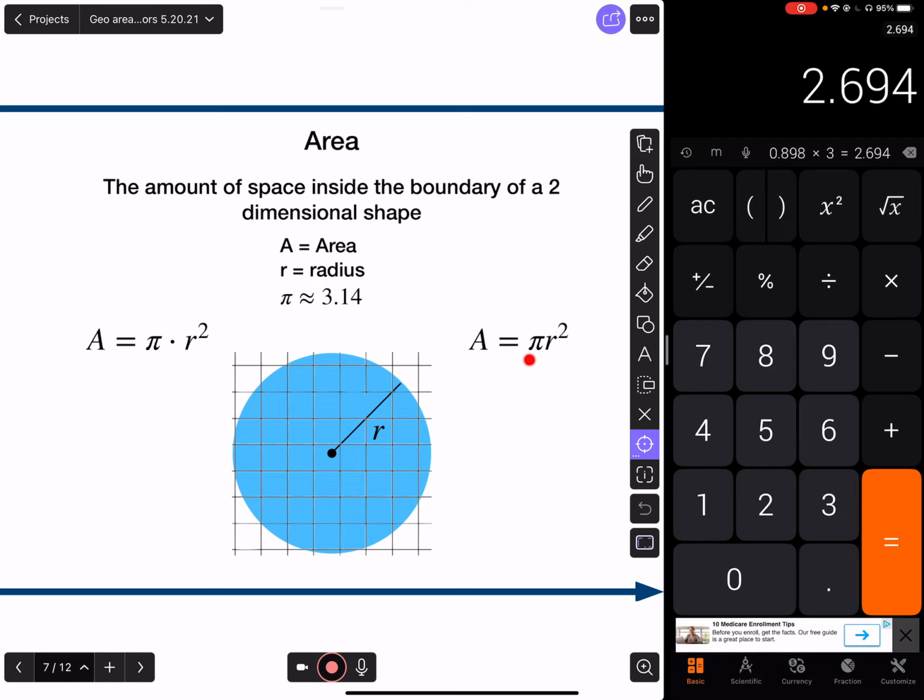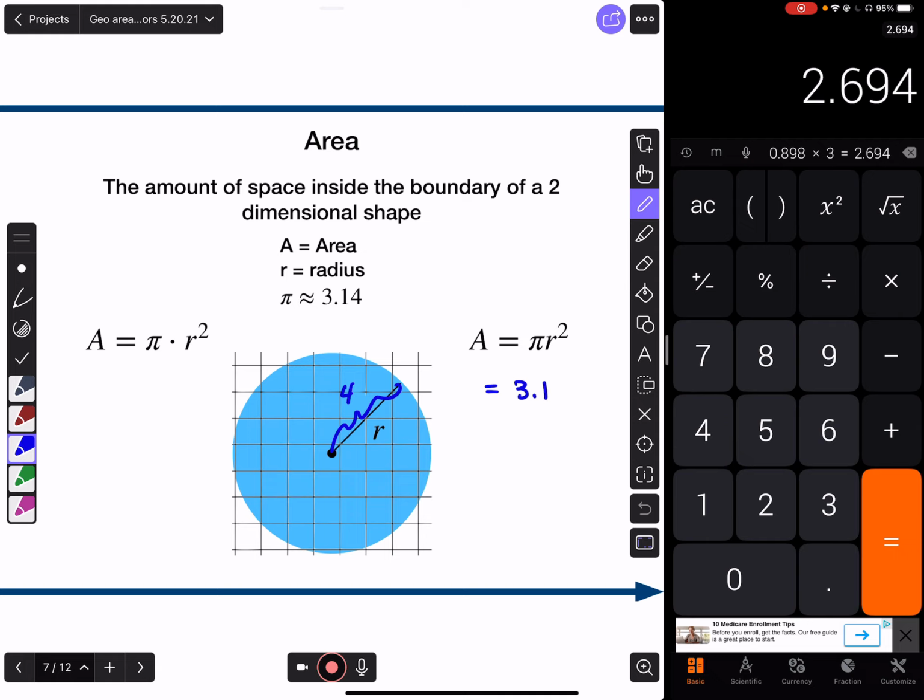So what this formula does is it just cuts to the chase, and it says, hey, if you know the radius, I'm just going to approximate that radius as about 4. If you know your radius, by using 3.14 times that radius squared, let's put it in parentheses, if you do that math, it calculates how many little blue squares are in there.